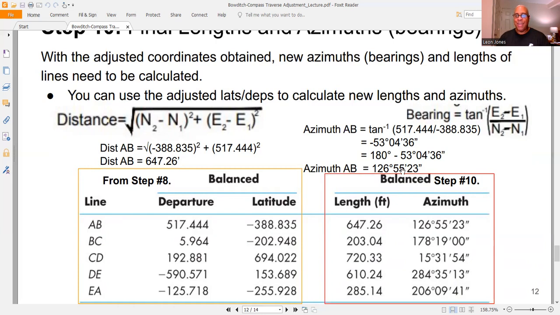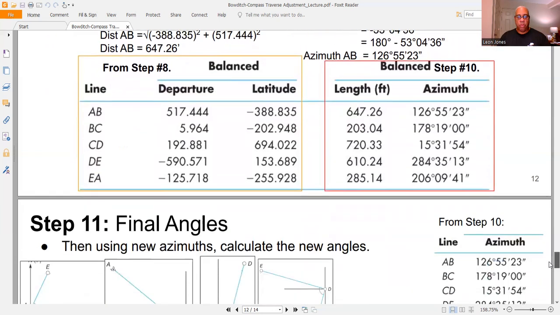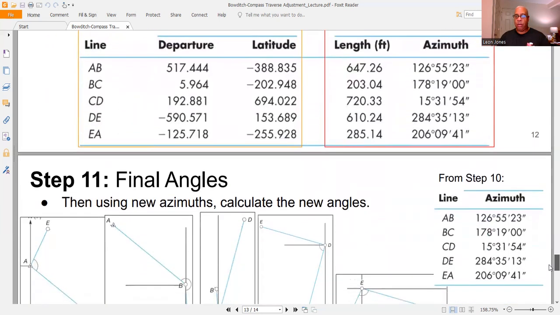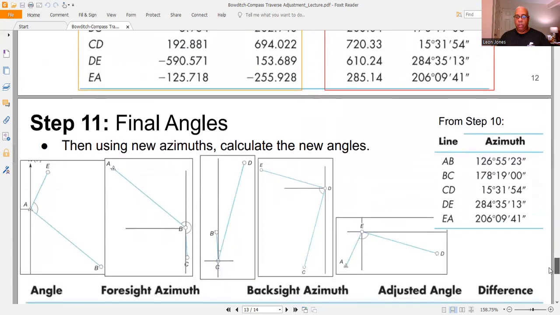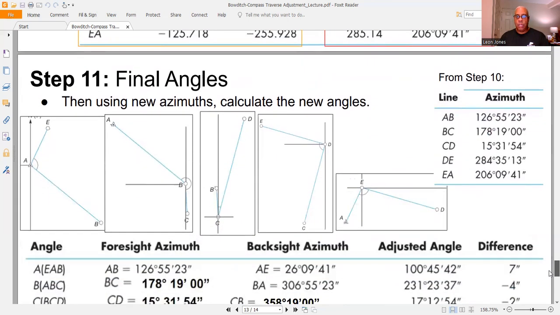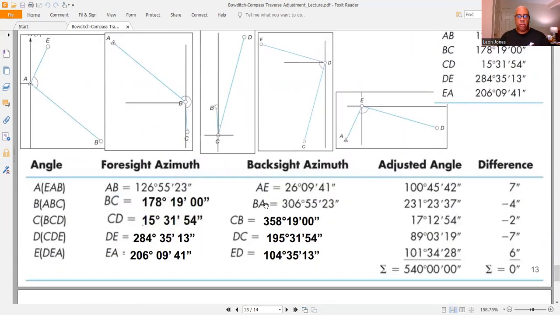And here's how you get your azimuth angle right here. And now you have your azimuths out here. You have your lengths adjusted. Now, when you go back, and these are your adjusted angles. Now you have your azimuths out here.